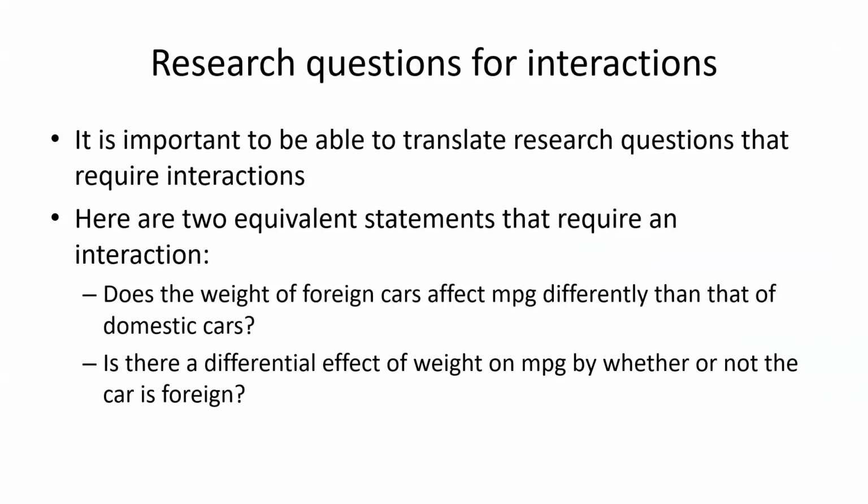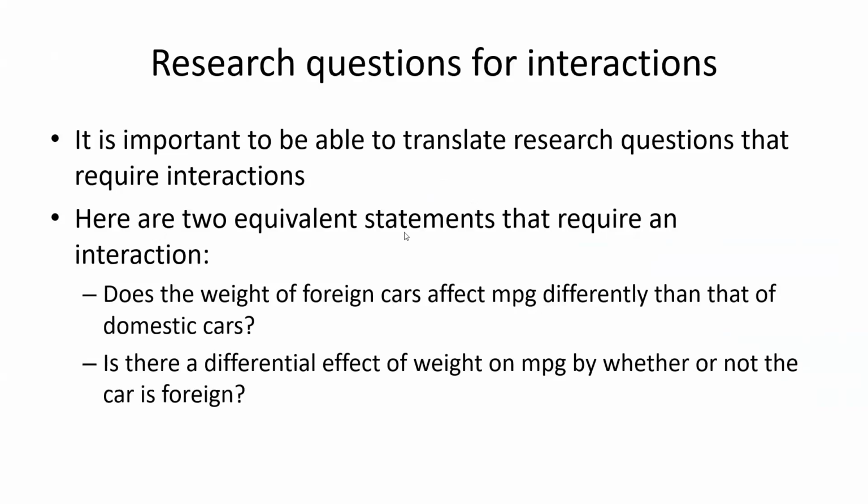They may ask you that, then you get lucky, but they may not know what they're looking for as an interaction. So part of the skill is to understand that what they're asking for really is an interaction.